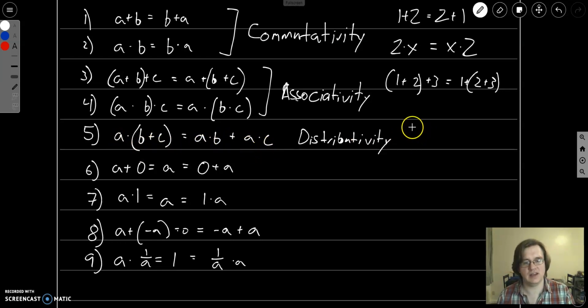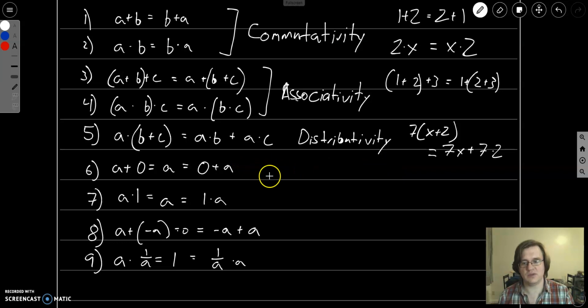So for instance, if we took 7 times (x plus 2), this is the same thing as 7 times x plus 7 times 2. Whenever you are multiplying after you add two things together, you can just multiply both those things individually.